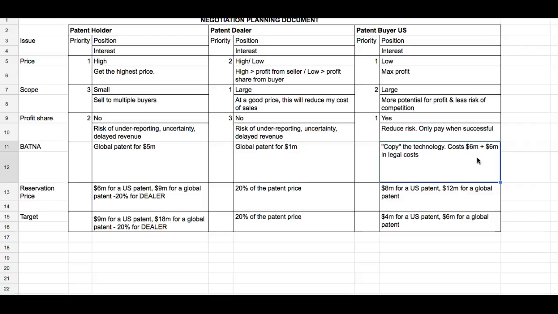That's my BATNA, not the 12 million. The 12 million will only go into effect once you actually go to court. So the seller will need to threaten and say, I have enough money to sue you, and then the buyer needs to reconsider his position.